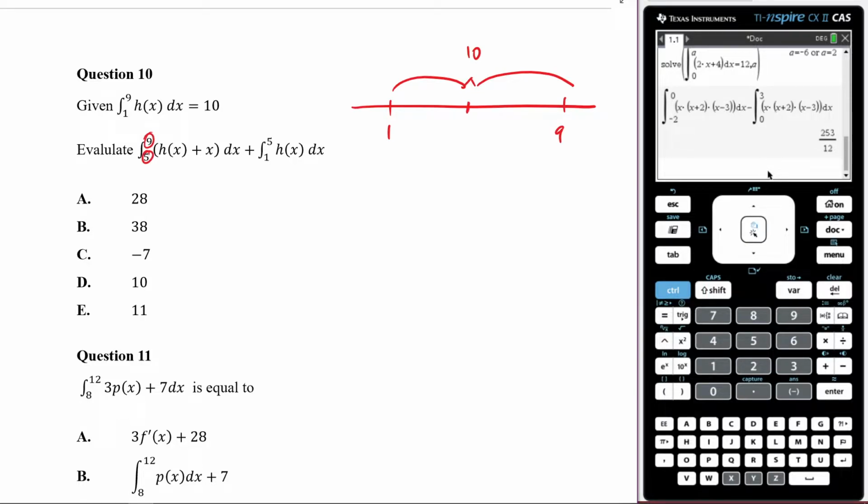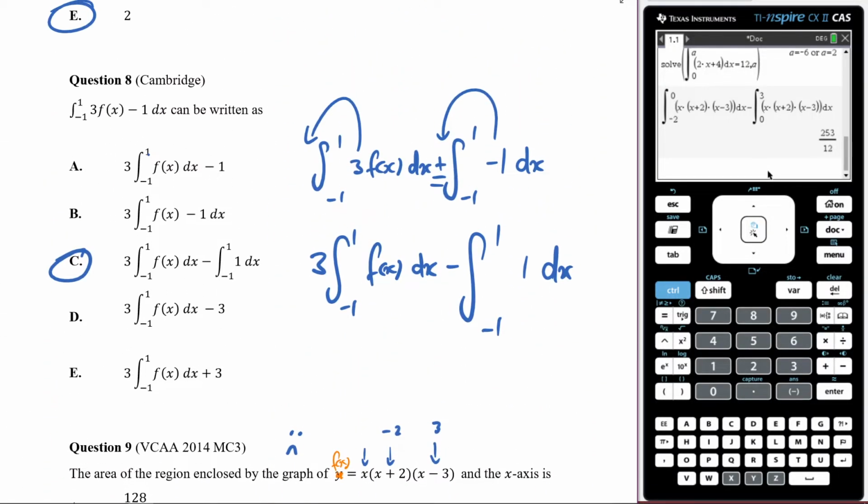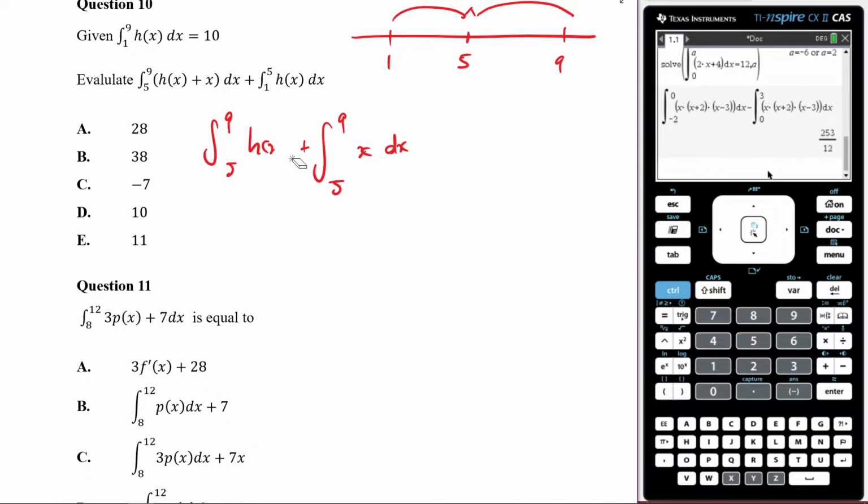Well, here is 5. Now, if I was to break this up, this is the integral from 9 to 5 of h of x plus the integral from 9 to 5 of x. Sorry, there should be a dx there, shouldn't there? Did I put dx's on the other one? Yeah, I did. Okay. There should be a dx at the end of that. Always there's a dx. And then plus the integral from 5 to 1 of h of x dx.